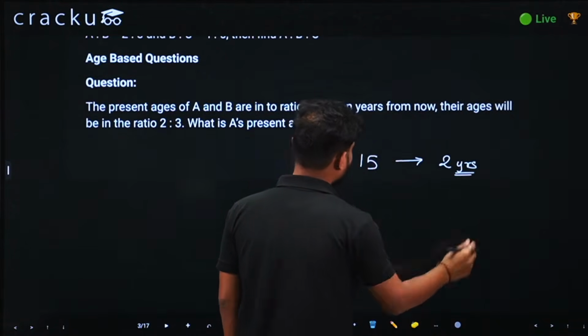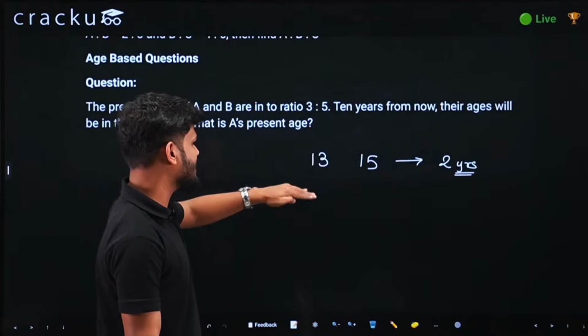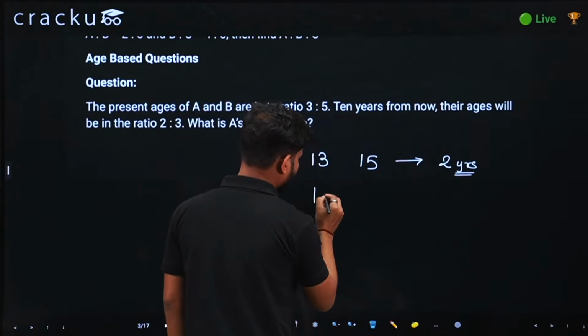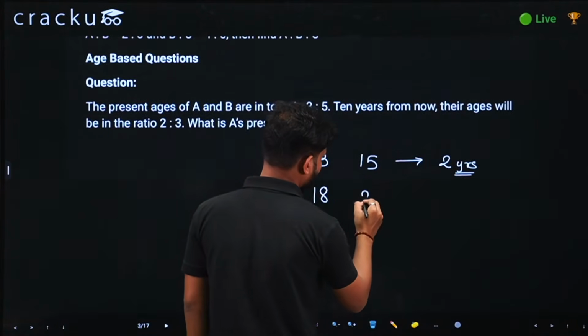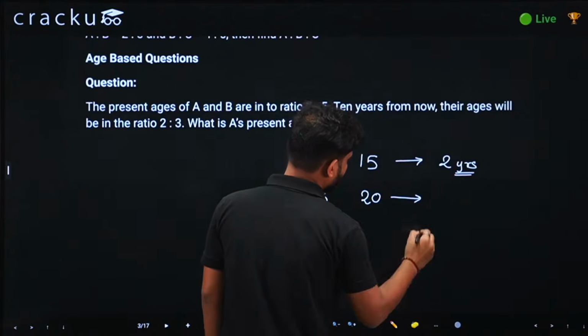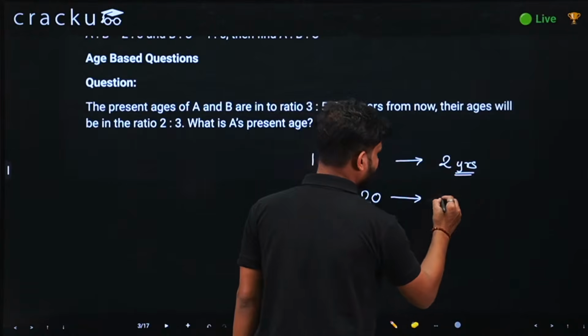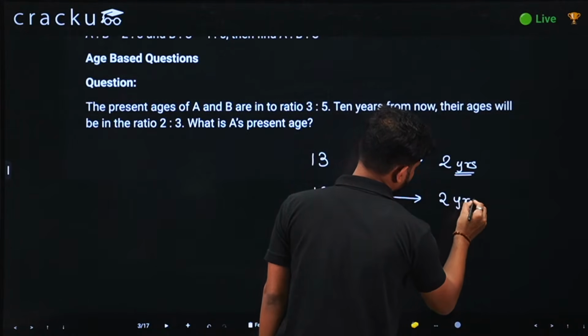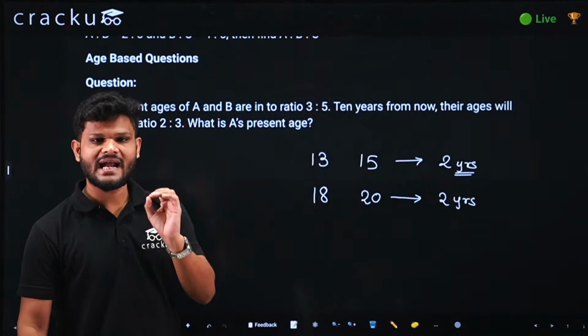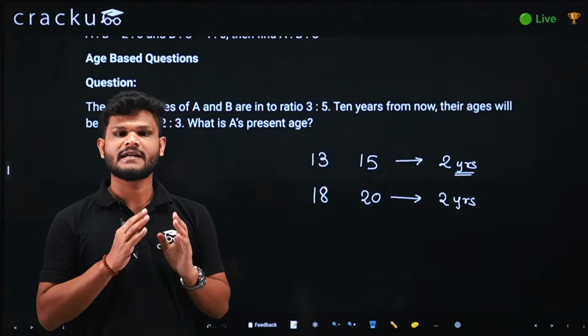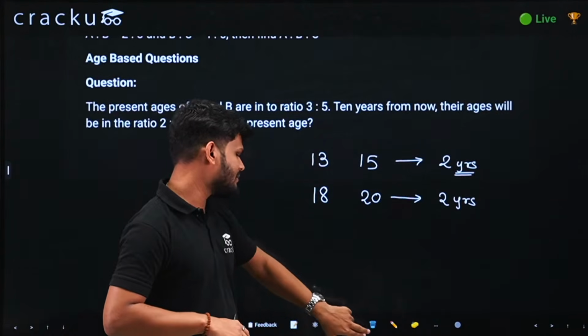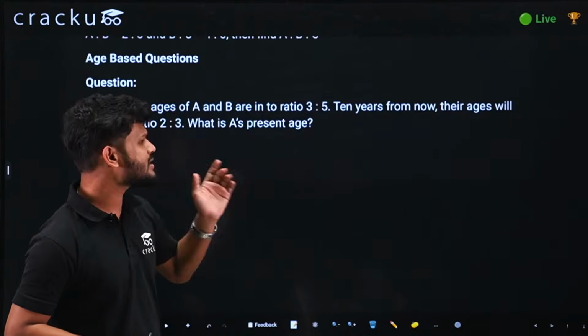Right? Now, let us say after 5 years, what will be the age of A? It will be 18. What will be the age of B? It will be 20. Now what is the difference? It is still 2 years. 20 minus 18, it is 2 years. Right? So it means that at any point of time, the difference between the ages of two people will be constant. So just use this concept.